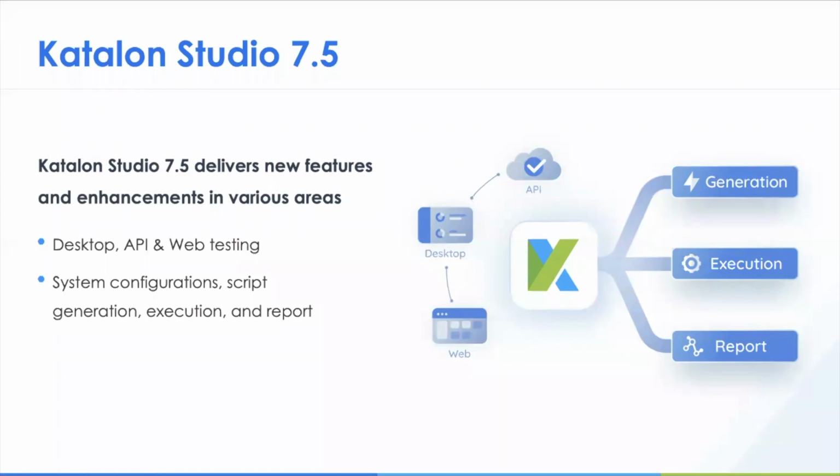We have features that cover different phases in the automation testing lifecycle, like script generation, execution, and reporting as well. We have a break for system configuration with the proxy support, which helps enterprises deal with infrastructure problems as well.